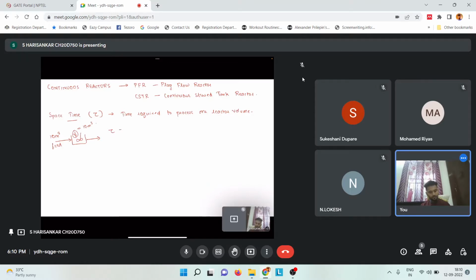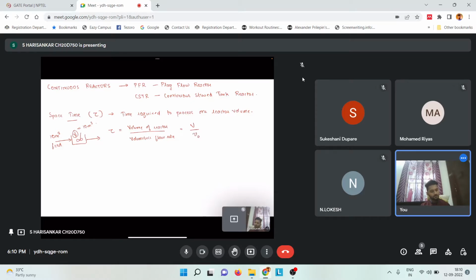And this tau is equal to the volume of the reactor by the volumetric flow rate into the reactor, that is V by mu 0.